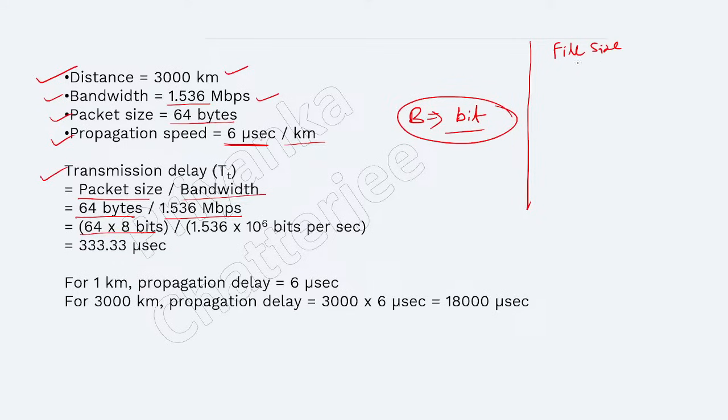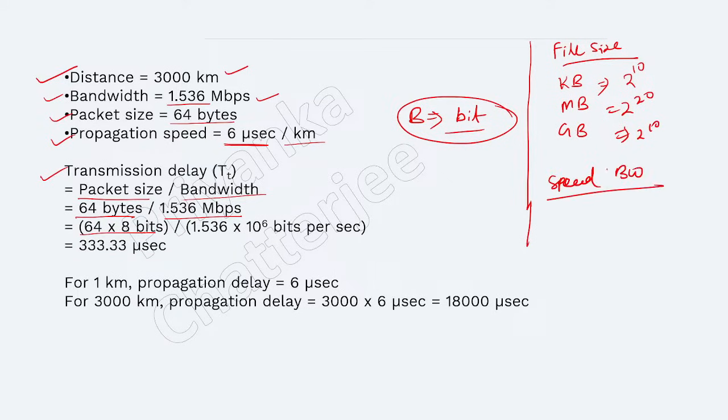Another thing is very important. File size, which you write like KB, MB, GB, will be converted into byte like 2 to the power 10, 2 to the power 20, 2 to the power 30. But the speed, bandwidth, we write like kbps, mbps, gbps.